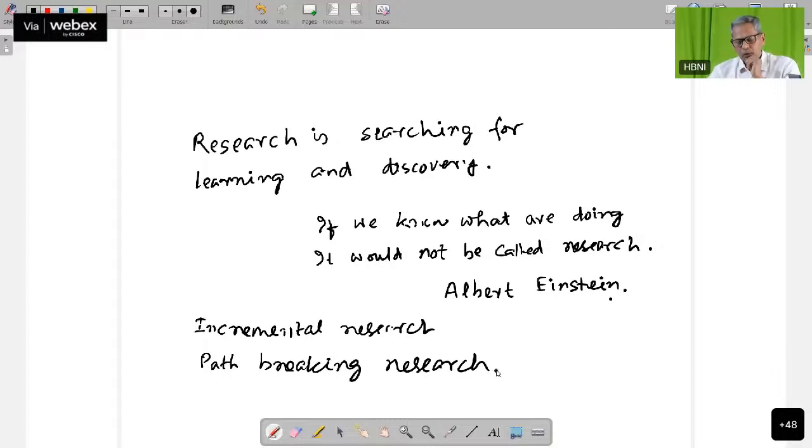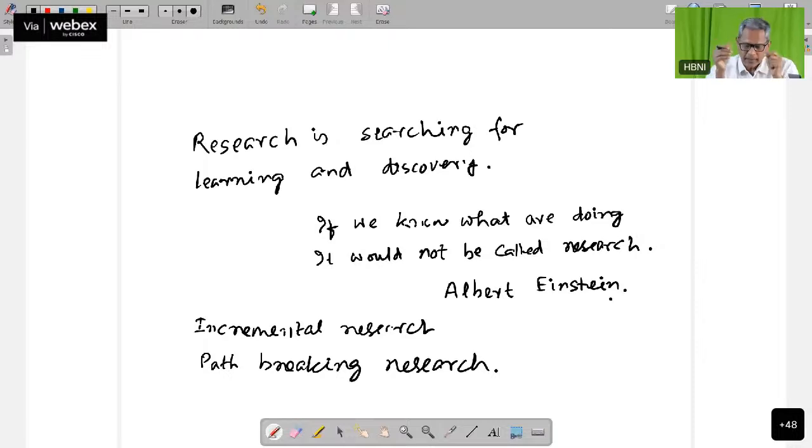Most of the time, we do incremental research. That means you learn certain things, then you do research, and you add something new to that. This is what is called incremental research. Most research is incremental.